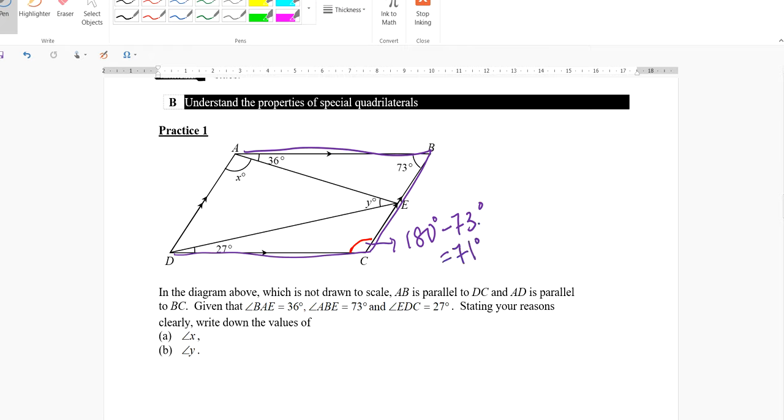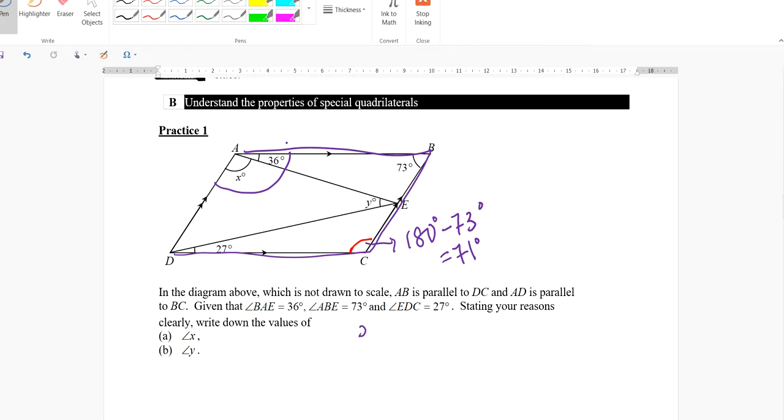Can you remember just now the properties of a parallelogram? Opposite angles are? Do you know what opposite angles are? They are equal. Very good. If they are equal, so Daphne, what can you say about your x? This whole thing will also be how much?